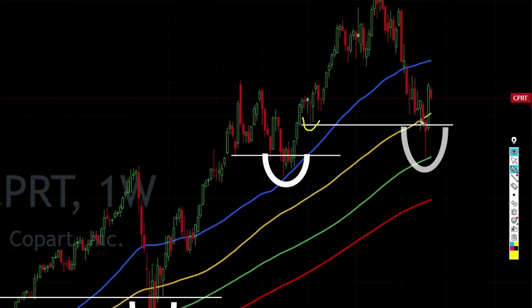I like deep retracements because if it's beaten down badly, then the chances for it to go higher from here, or it may consolidate maybe half a year before it rallies, is higher probability from what I see here.